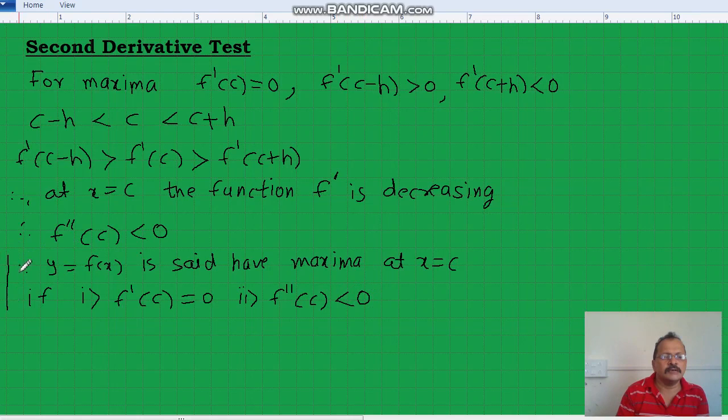This is the second derivative test for maxima.